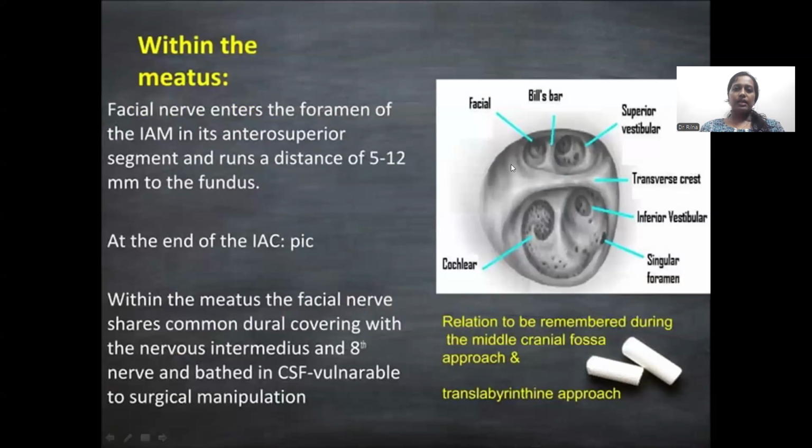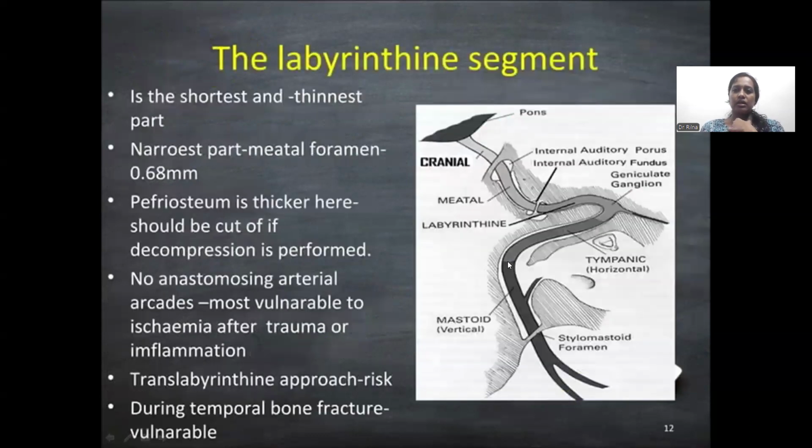Once it enters the internal auditory canal, that is the meatus, the nerve enters the foramen, and here you can see it is within the canal. From the cranium, it enters within the canal. It has the internal auditory porus, and the labyrinthine and tympanic portions. And this is where it is just behind the mastoid region.